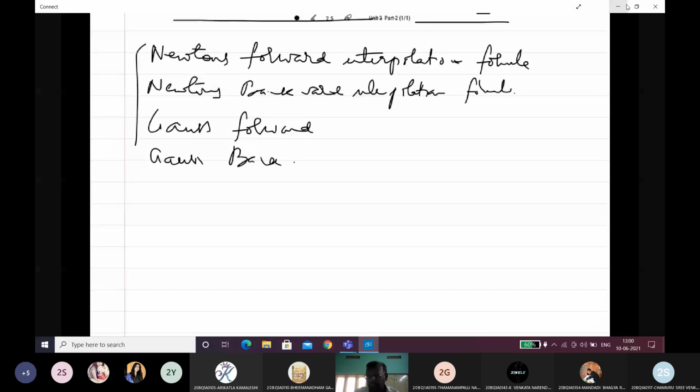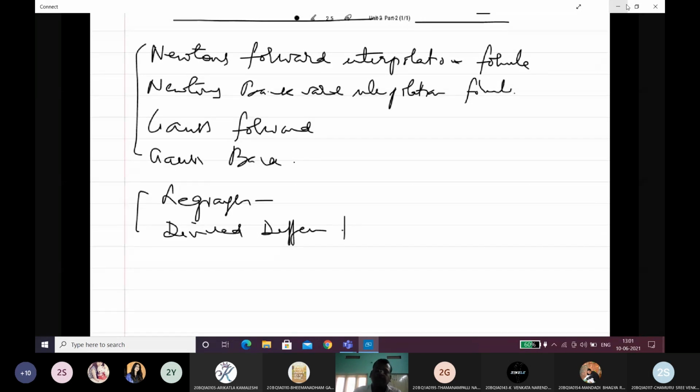These four are equally spaced. Lagrange's and divided difference, Newton's divided difference formula. These are unequal. These are the four topics that you have to complete at the second.